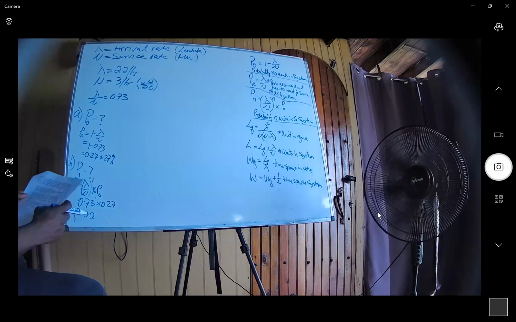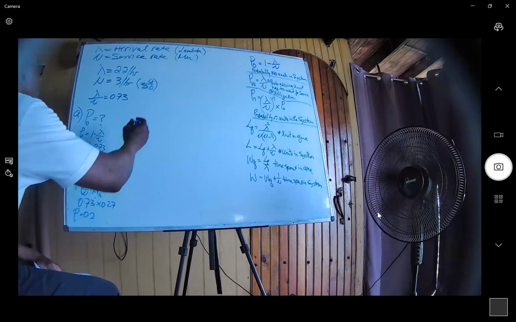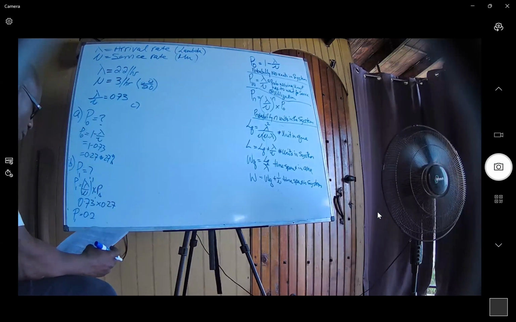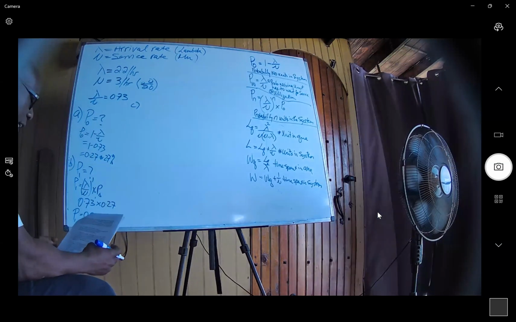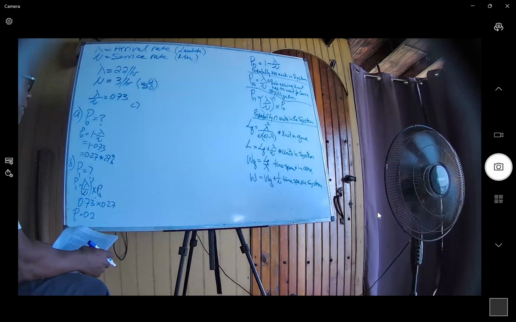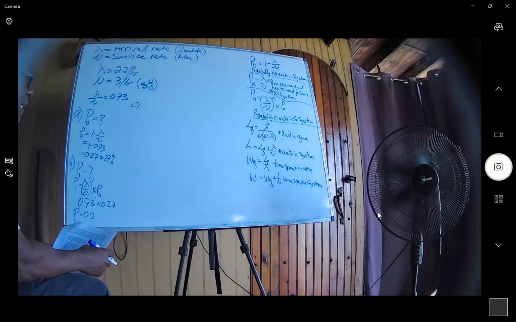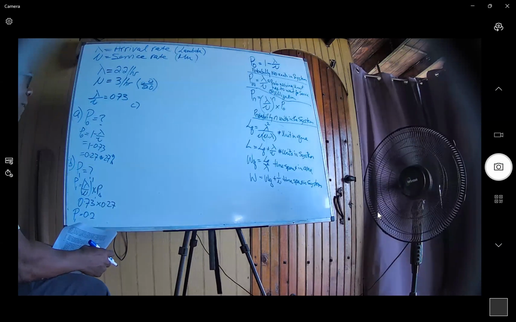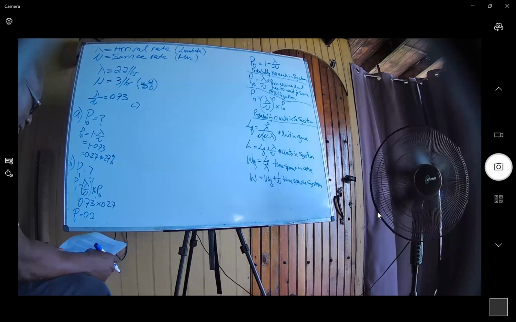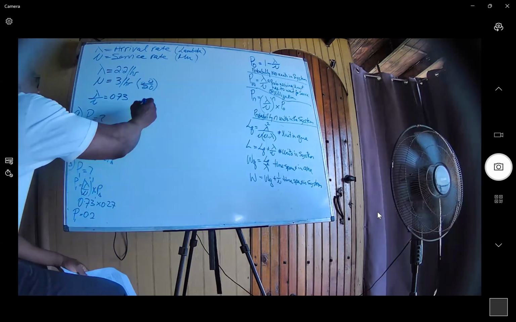All right. So now what's C? C says, what's the probability that one customer is receiving a haircut and one customer is waiting? What are we trying to find? Trying to find P of 2, right?